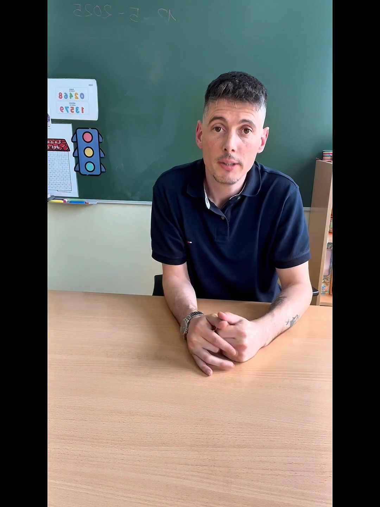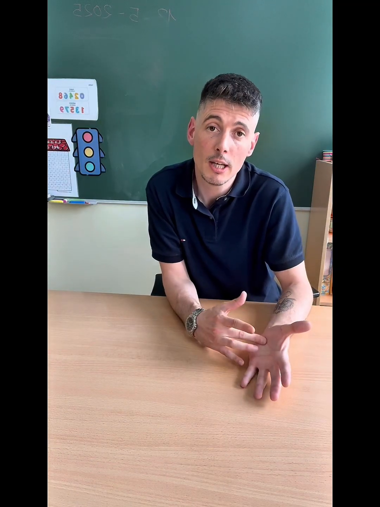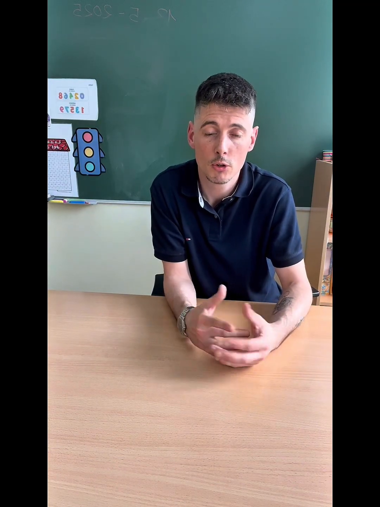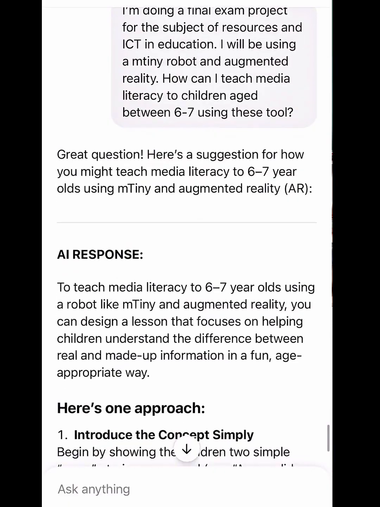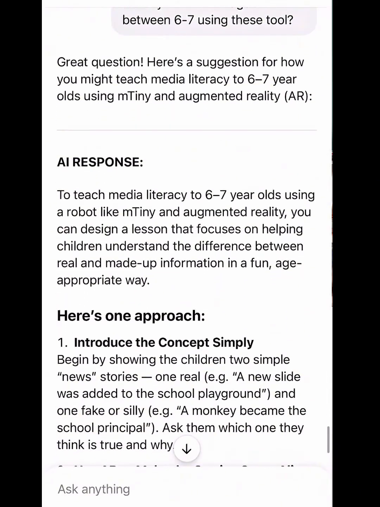Lastly, for this part, I would like to talk about my conversation with artificial intelligence, and what I used was ChatGPT. So I put in this, and as we can see, the conversation was engaging.